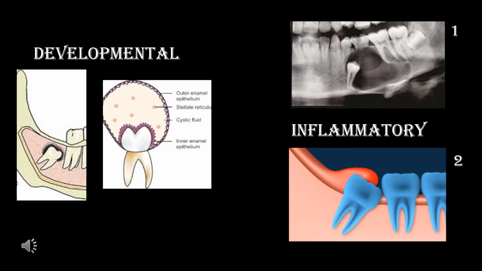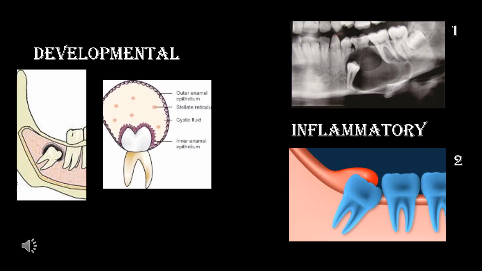First there will be a separation of the reduced enamel epithelium and the crown, followed by the accumulation of fluid between the reduced enamel epithelium and the enamel surface, followed by an increase in the size of the cyst. So this is how the developmental type of dentigerous cyst happens.